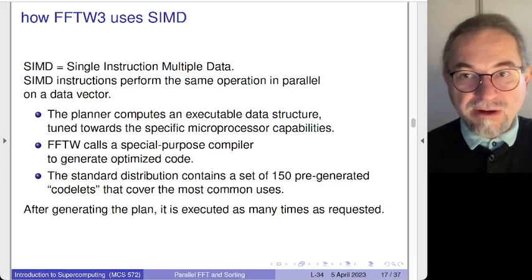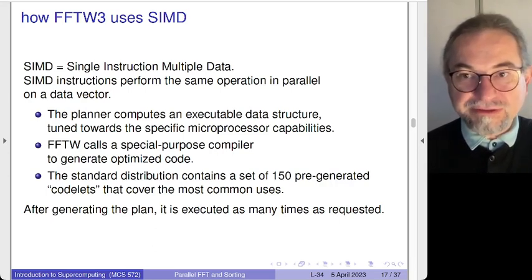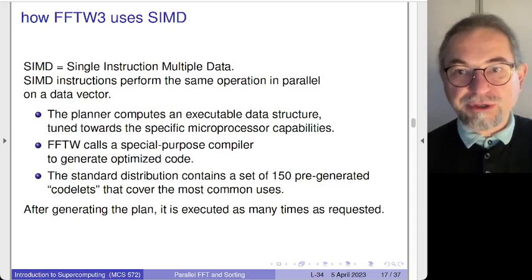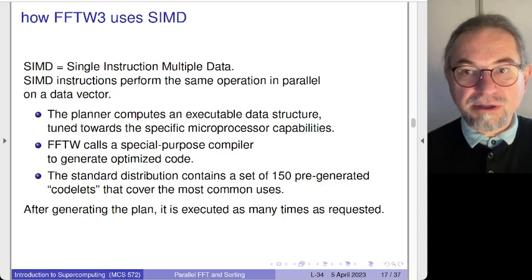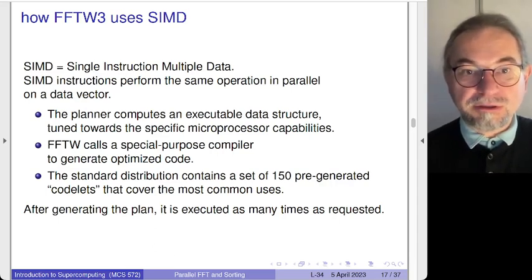So even if you have only one processor that does the floating point operations, there are these pipelined instructions, and there are often multiple processors available on any ordinary processor.